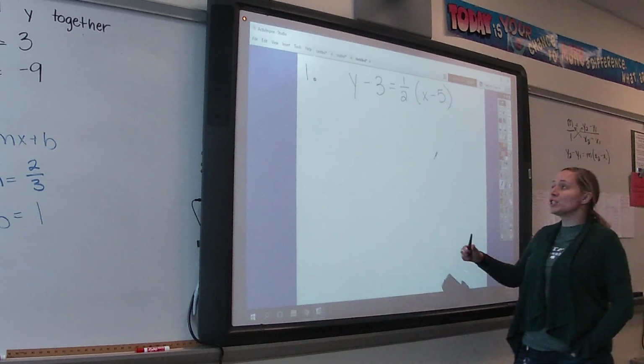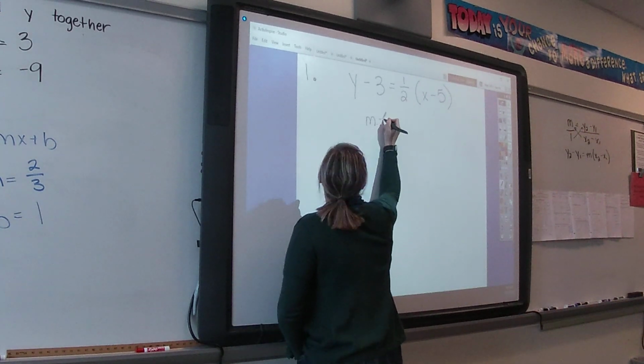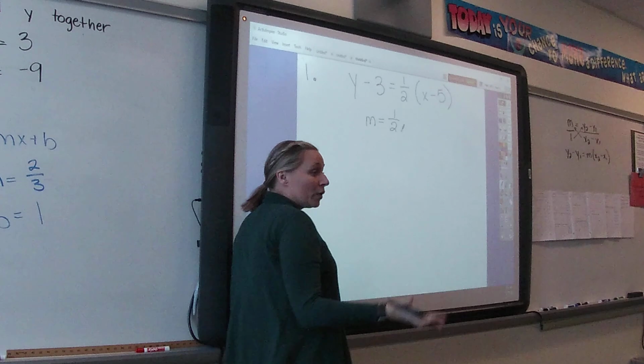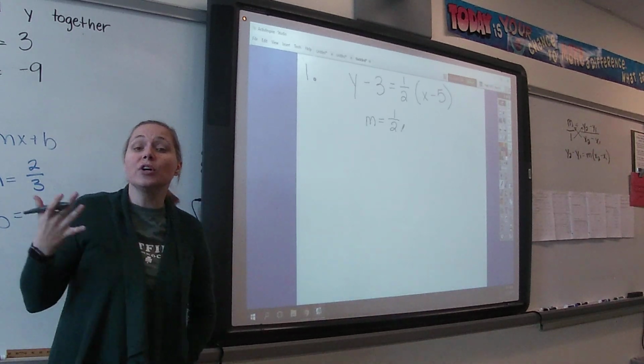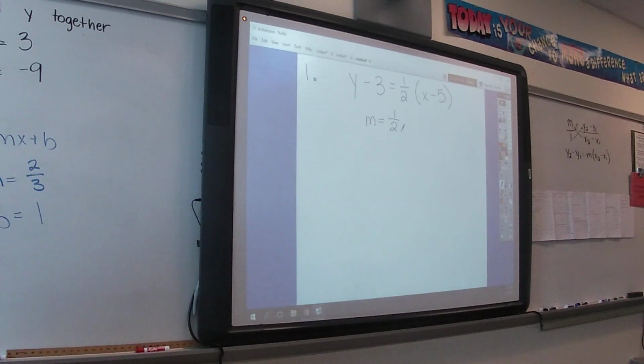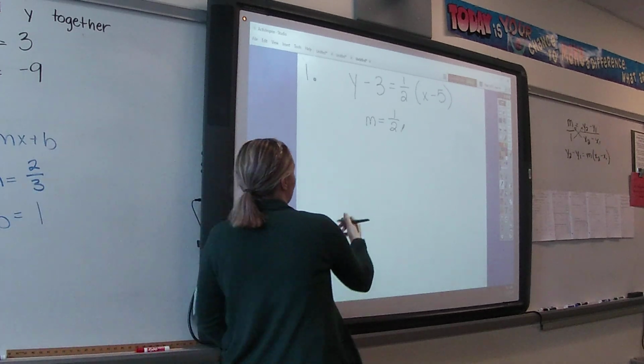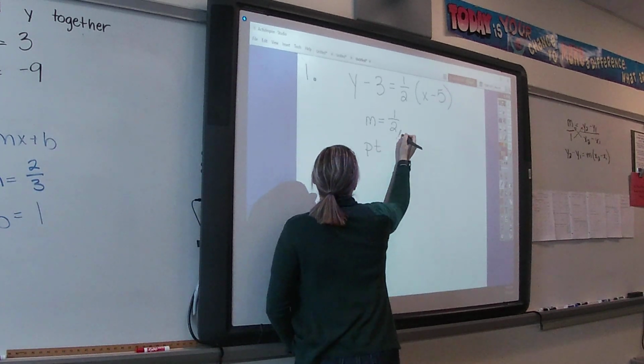What would we say the slope is? 1/2. M equals 1/2. Can we agree with that statement? Yes. It's the number in front of the parentheses. Okay, so now the point, right?